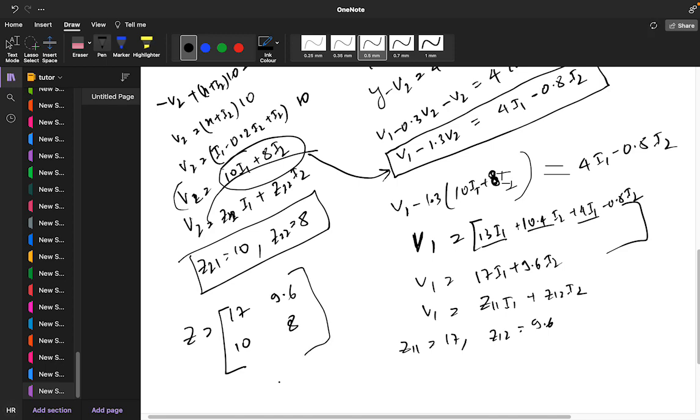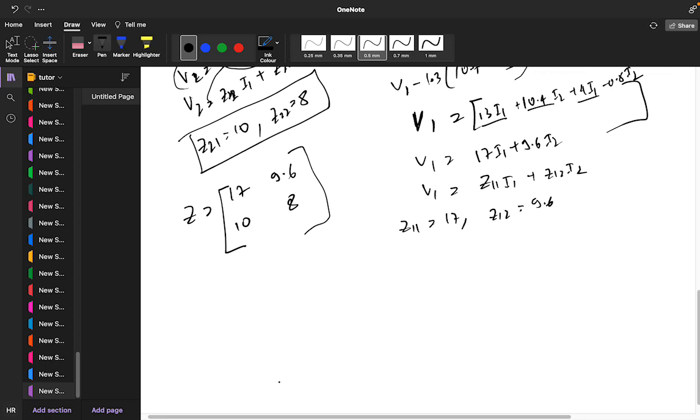Okay, Prasanna, can you tell me whether this network is a symmetrical network or a reciprocal network? Neither, sir. Okay, how? Because they both are not equal. The cross values should be equal. The off-diagonal elements say something about reciprocity, and the diagonal ones say something about symmetry.